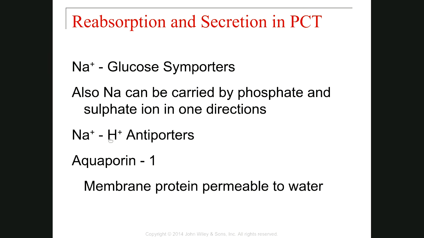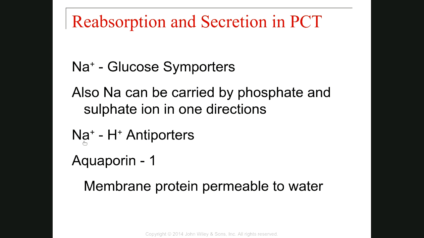And we have one antiporter in the proximal convoluted tubule, which we call the sodium hydrogen antiporter. It can carry filtered sodium into proximal convoluted tubule cells, while hydrogen ion is moved from the cell into the tubular lumen.